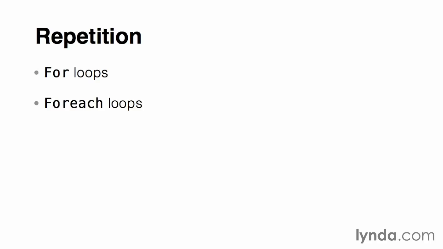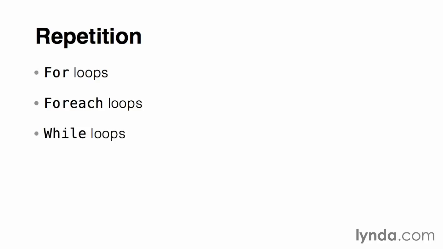Essentially, it just says for each X of something, for each object of a specific type, I want you to do something. And this becomes very important because when you're creating applications, you might have a collection of values or a collection of objects that you want to iterate over and perform some task, but only if the object meets a certain criteria. So a foreach loop gives you the ability to actually work with that.